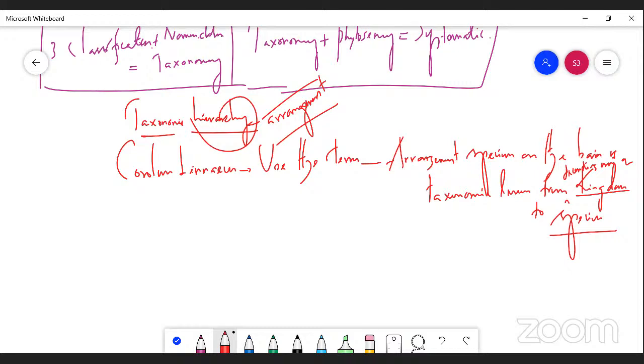Which is the largest component of classification?